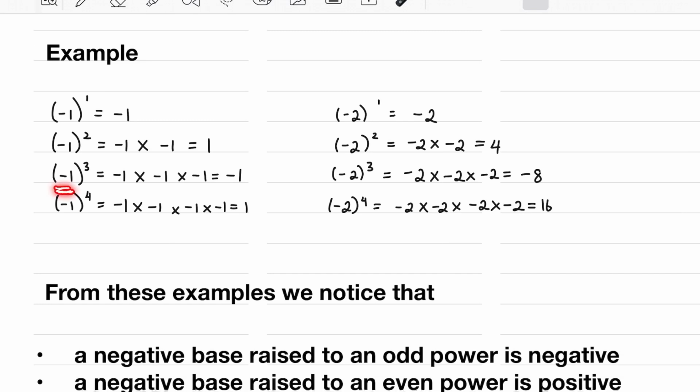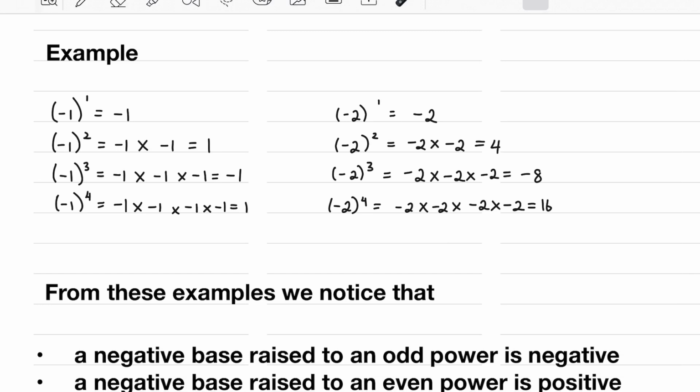Minus 1 raised to the power of 3 now, we'll have minus 1 times minus 1, which we previously saw was 1, but then 1 times minus 1, because it is a positive number multiplied by a negative number now, the signs are different. That means that our answer is going to be negative, so we're going to have negative 1 for our answer.